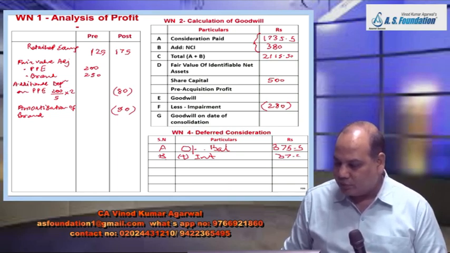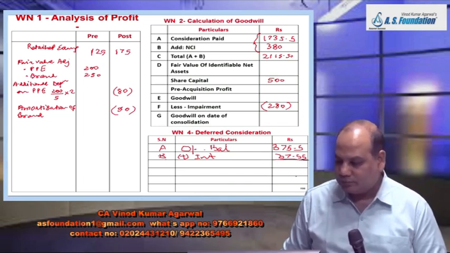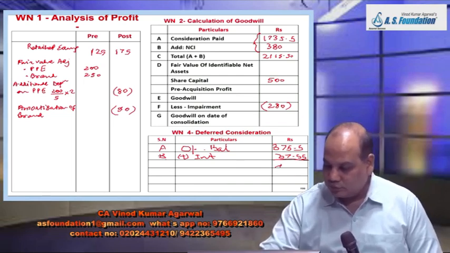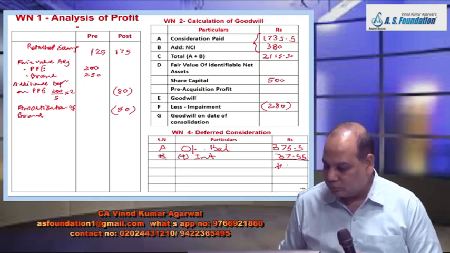So how much it comes to? Is it 37.55? Draw one line. Tell me the total of this. 413.05.